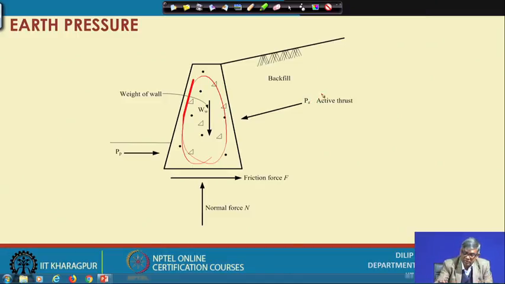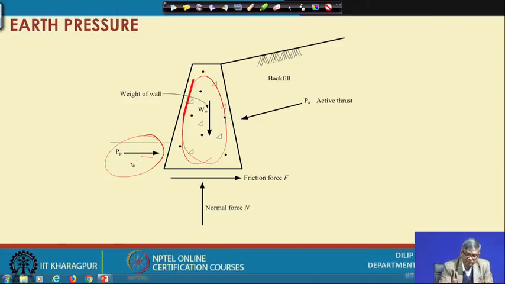So, from the backfill there will be active pressure thrust on this, and on the toe side, since the wall has a tendency to move in this direction, it will give you the passive pressure. To make a conservative design, sometimes this can be ignored, but if you want to do accurate design or calculation, then this should be there.